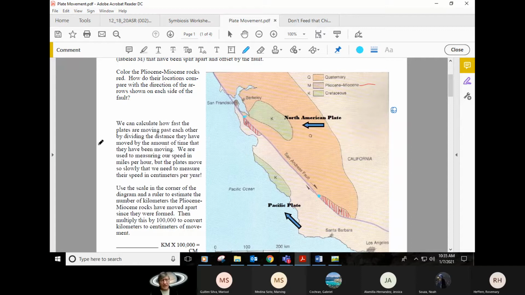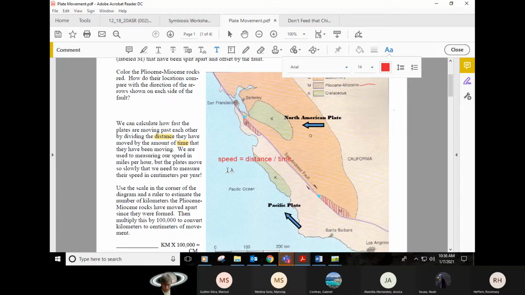Right. We can calculate how fast the plates are moving past each other by dividing the distance they're moving by the amount of time that they're moving. Now, anytime you measure speed, it's always going to be distance divided by time.